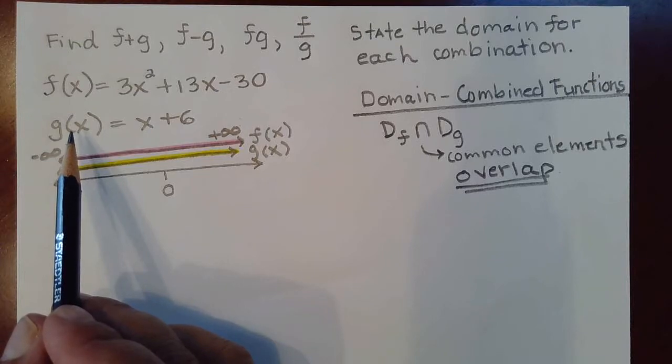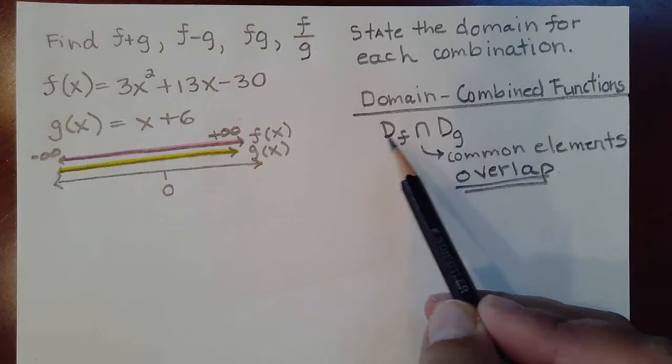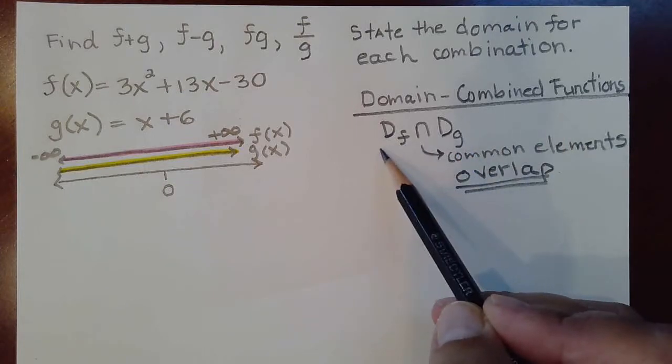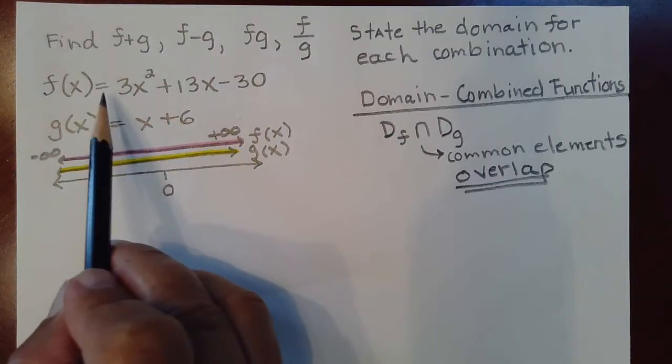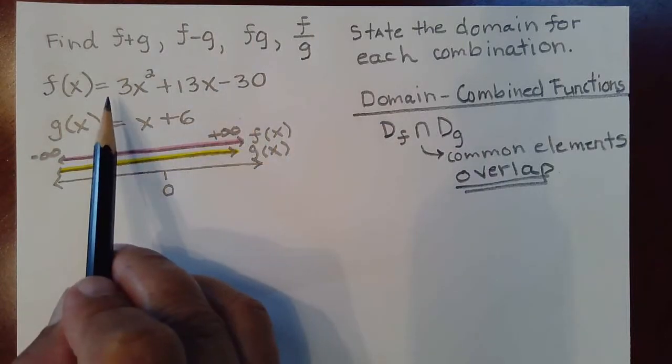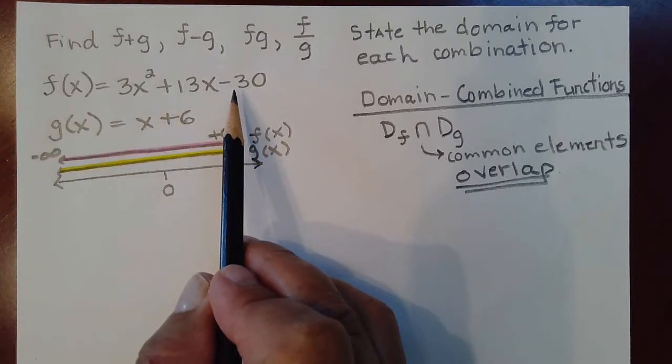Now, for the domain of any combined functions, it is the intersection of the two original domains. So in other words, the domain for f, being that this is a polynomial, you can use all real numbers in any polynomial function. It's not a radical, nor is it a fraction, so there are no restrictions on the domain.